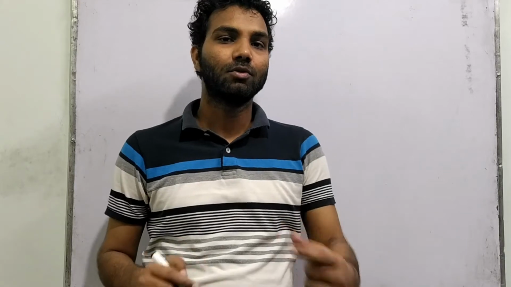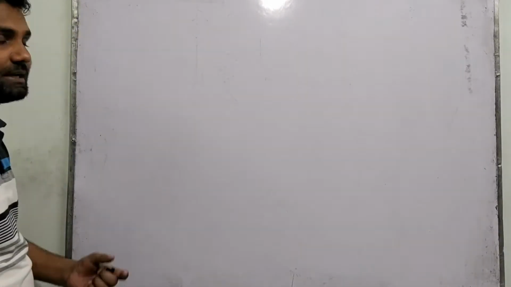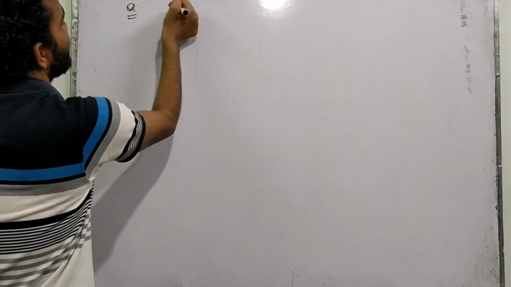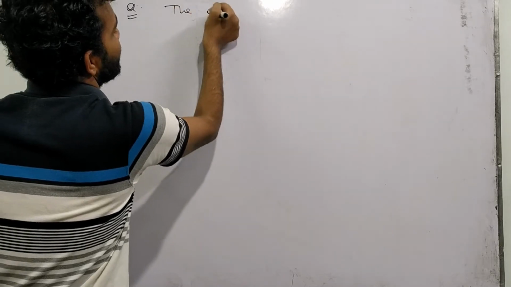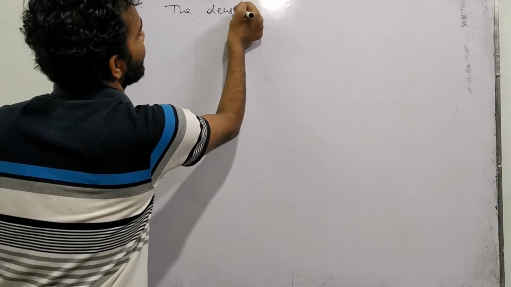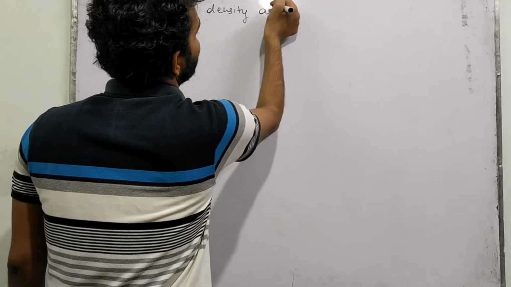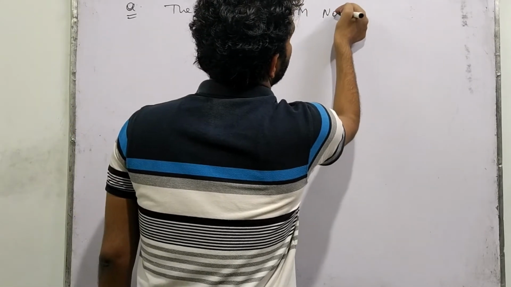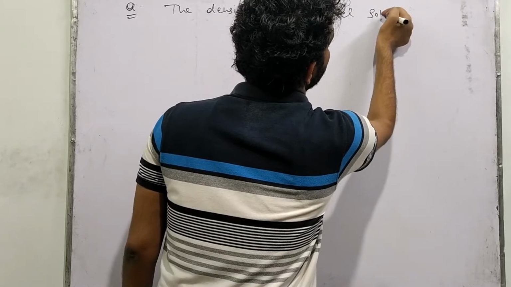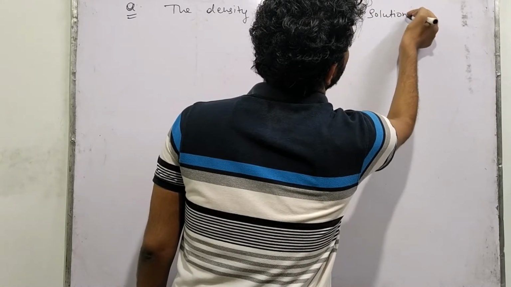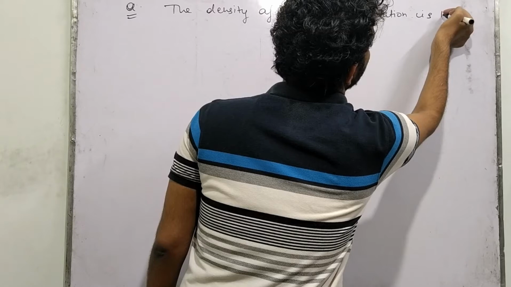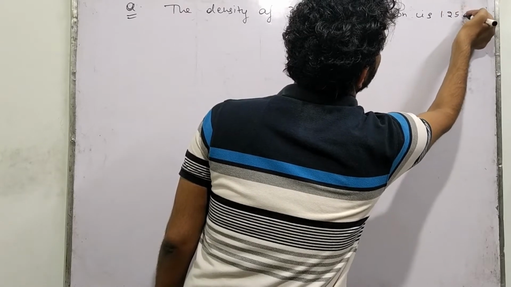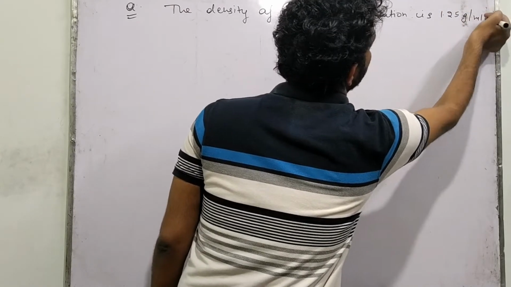We will do one more question on molality, which is based on density. The density of 3 molar NaCl solution is 1.25 gram per ml.